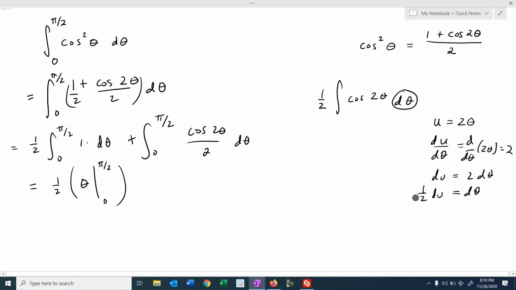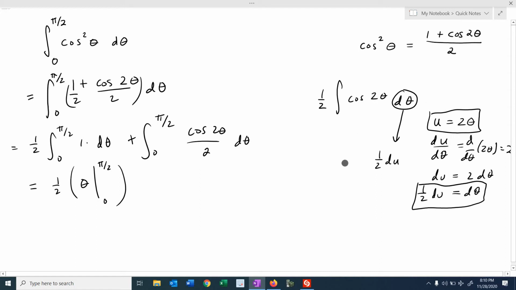Okay, and then we go back and we replace both of these equations into the original indefinite integral. So d theta is 1/2 du, and then this becomes cosine of u. Then we can factor this 1/2 out in front. That gives us 1/4.